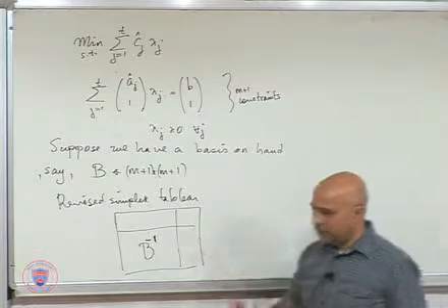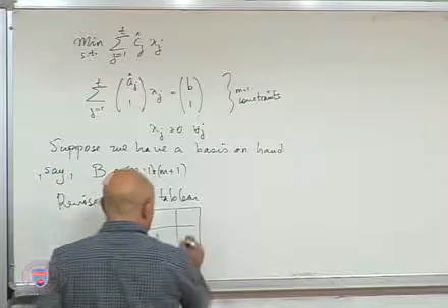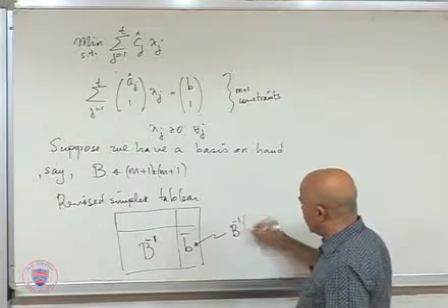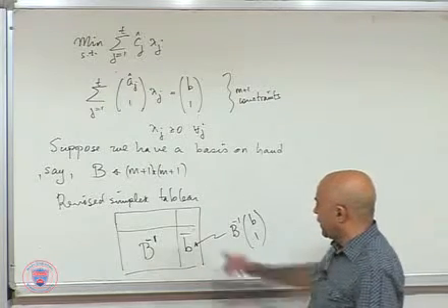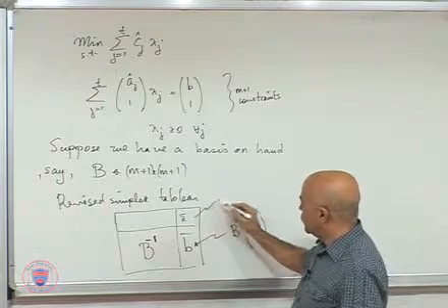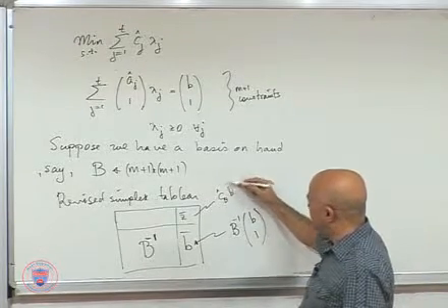I don't want to deviate from my old notation because it creates problems later. I called it b bar. So this is b bar. The way you compute that is B inverse times the right-hand side, b and 1. That's your b bar. We have z bar here, which is c_B hat times b bar.